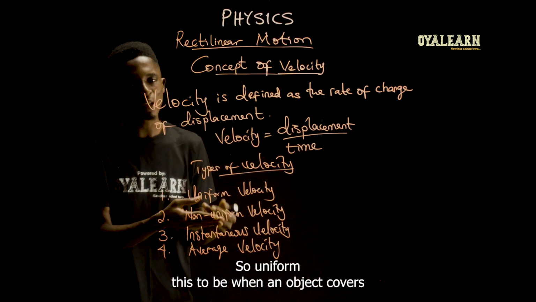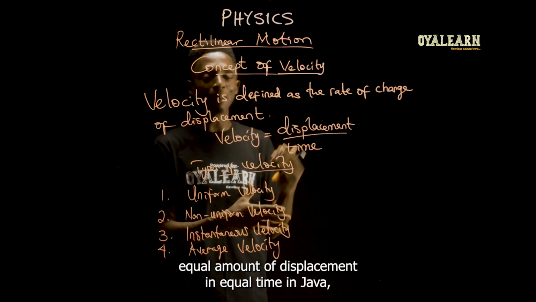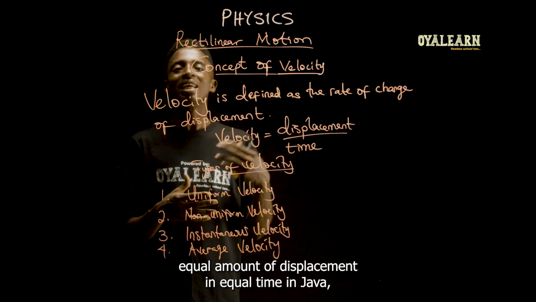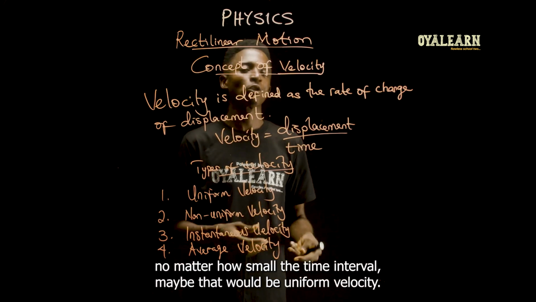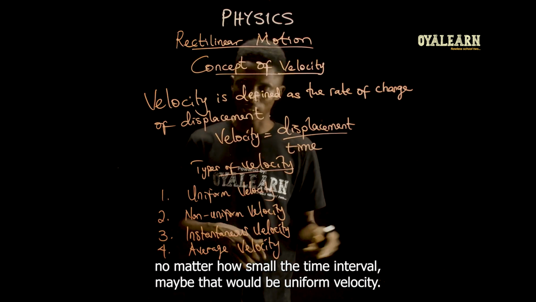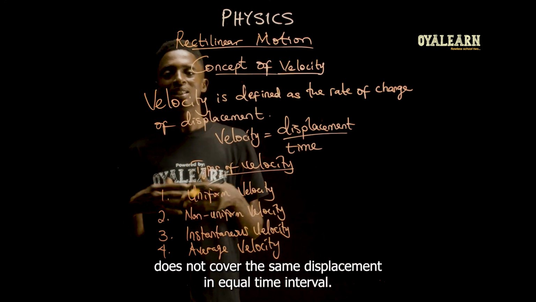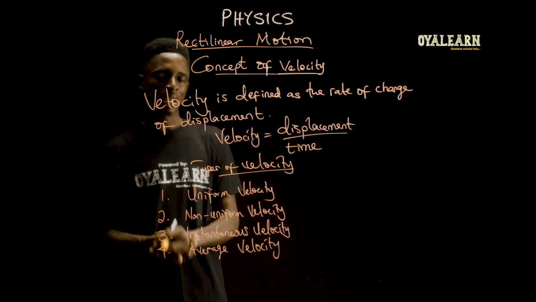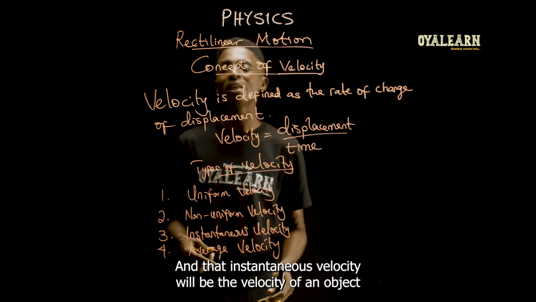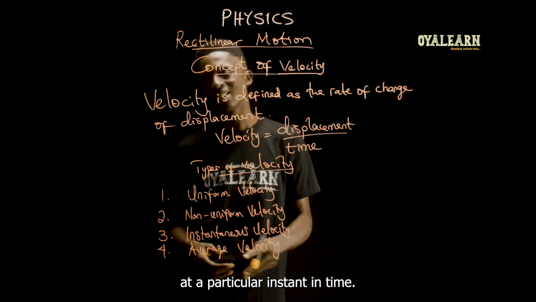So uniform velocity will be when an object covers equal amounts of displacement in equal time intervals, no matter how small the time interval may be. Non-uniform velocity means that it does not cover the same displacement in equal time intervals. Instantaneous velocity is the velocity of an object at a particular instant in time.